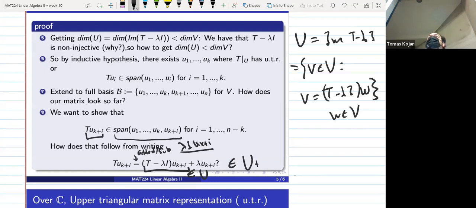You said of T minus lambda I? I think you're right. But it's easier, it's just in the span of UK plus I.